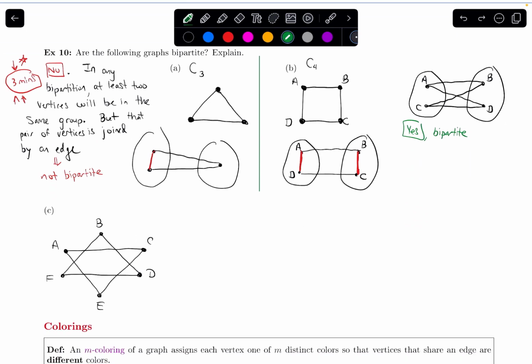So I have these two overlapping triangles that we saw in the last video as well. So will this be bipartite?